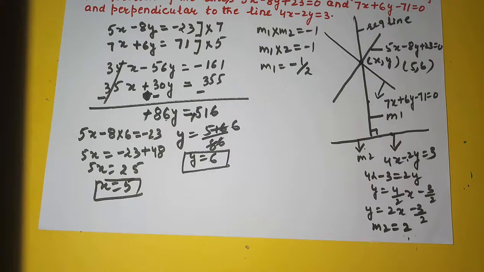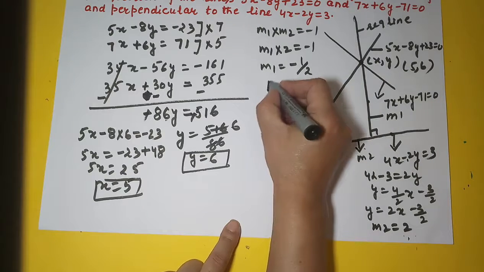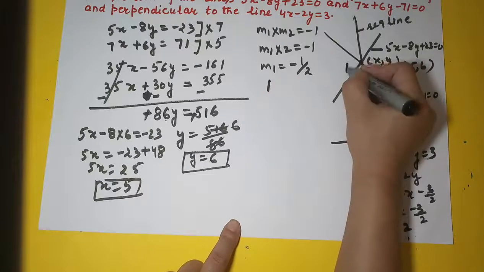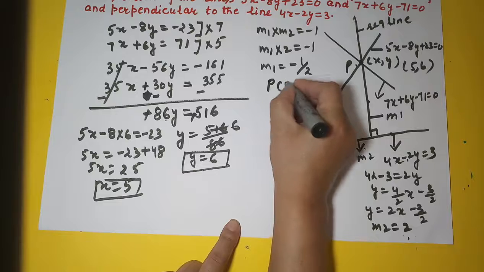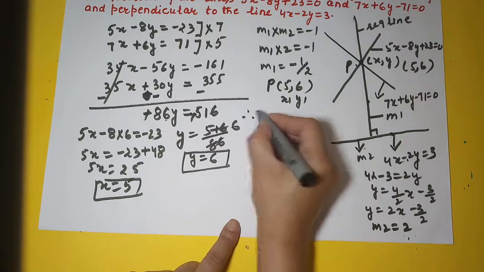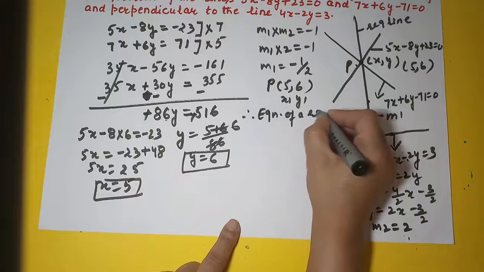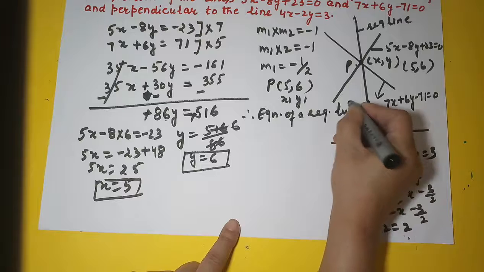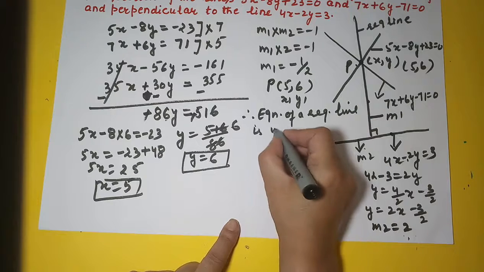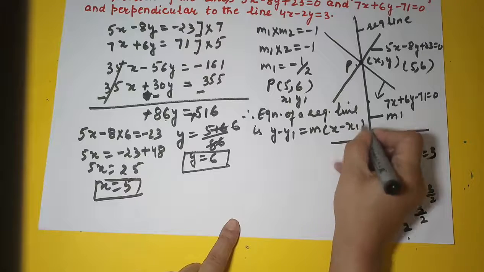So now you have the slope of the required line, and you have the point also. Let's name that point as P. So you have P as (5, 6). So this will become my x1, y1. So you will write, therefore, the equation of the required line is y minus y1 equal to m times (x minus x1).